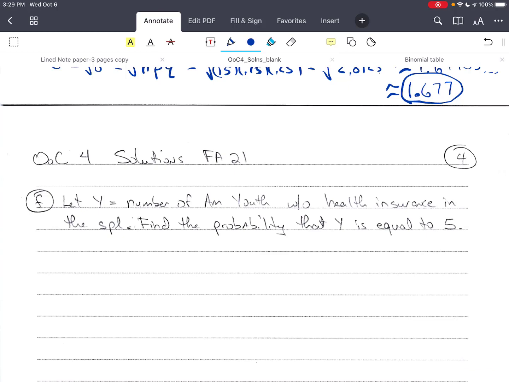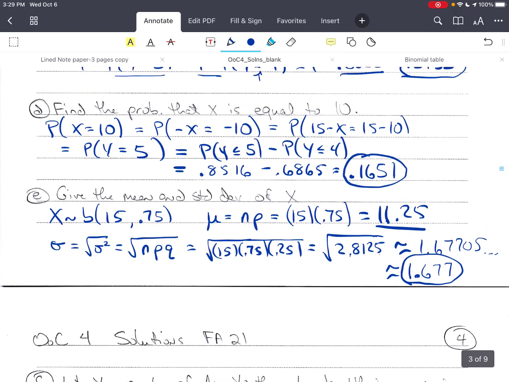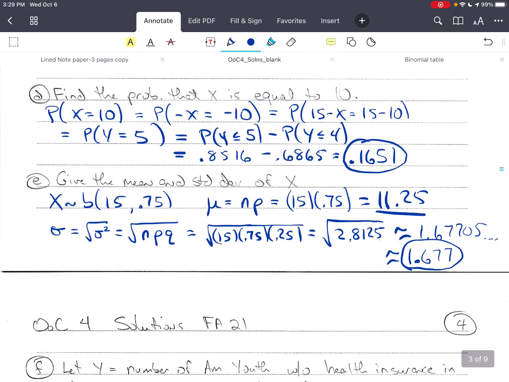Okay. Now, I added on a question that was not in the book, and I said, well, let y equal the number of American youth without health insurance in the sample. Find the probability that y is equal to 5. Well, remember that y is binomial with n equals 15 and p equals 0.25, and this is the probability that y is equal to 5. Again, I didn't choose wisely because it's the same answer that we had for D that we already looked up.